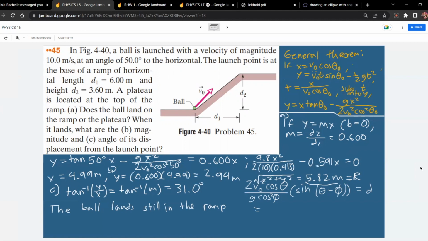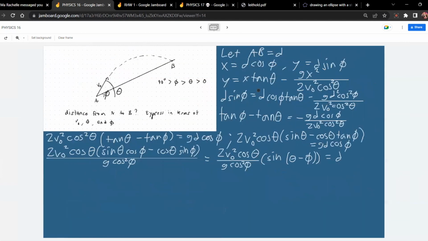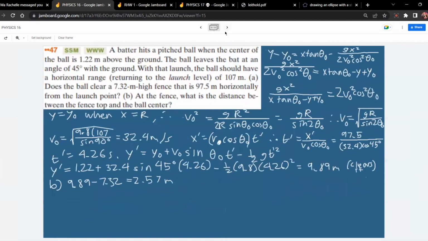Tapos lalabas na yung 5.8. So, yeah. Sige. Okay na to. So, the formula actually works. So, punta tayo sa next, yung 51.